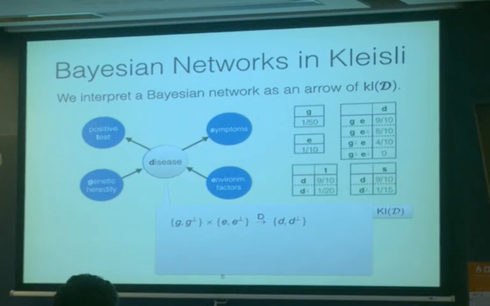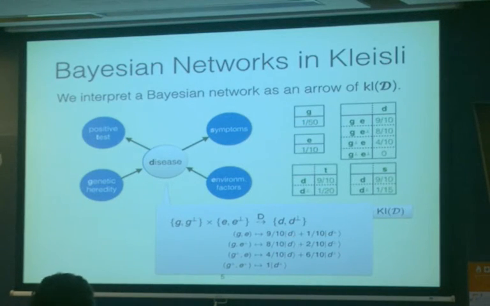In general, you can write such an arrow for many nodes. You just put as target a 2-element set, and as source as many copies of the 2-element set as many are the predecessors of the node, the parents. How do you define this? Being an arrow in Kleisli, it has to be a stochastic matrix, so it associates to each of the elements in here, there are 4 of them, a probability distribution over this set.